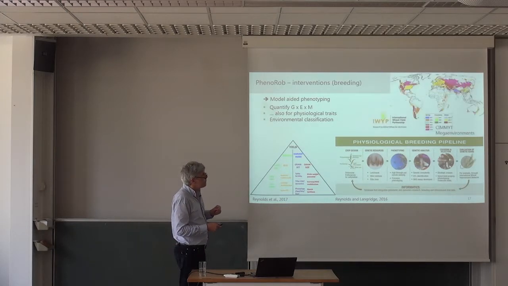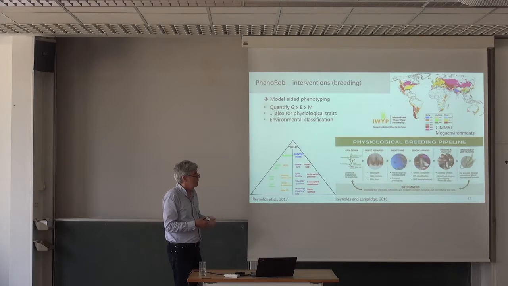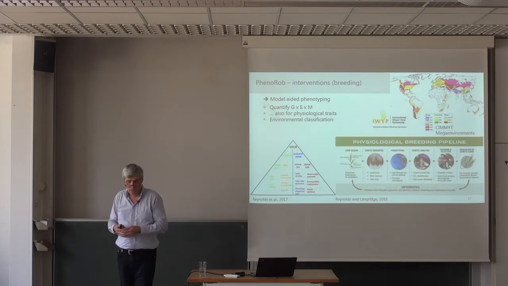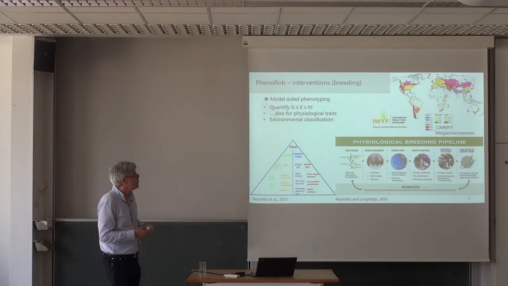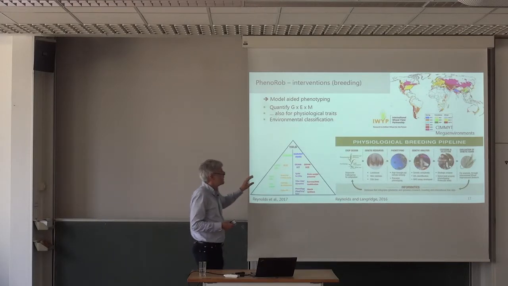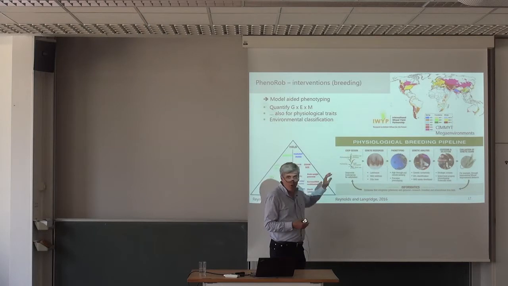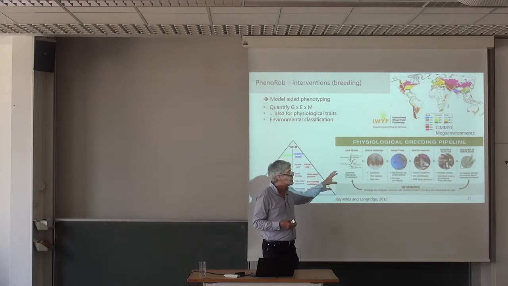We've just started, two weeks ago, we had a kickoff workshop in Oklahoma where we started an international project with CIMMYT, the International Wheat and Maize Breeding Institute, where we try to use crop models to support breeding programs for wheat.